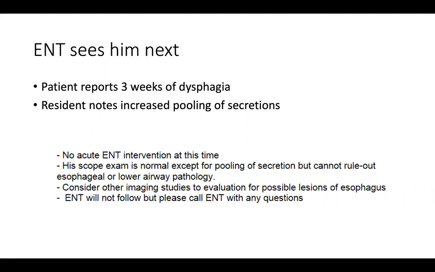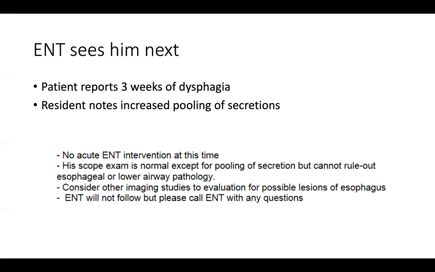They can't rule out an esophageal or lower airway pathology at this time, so they would recommend evaluation of the lower esophagus, which I think makes sense. I think the barium swallow is really more sensitive for abnormalities of the epiglottis because they see it in real time. And it can be hard when you're just looking with a scope to say normal or abnormal from moment to moment.